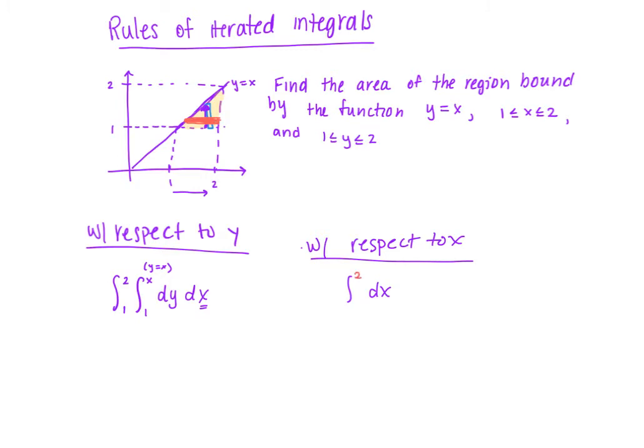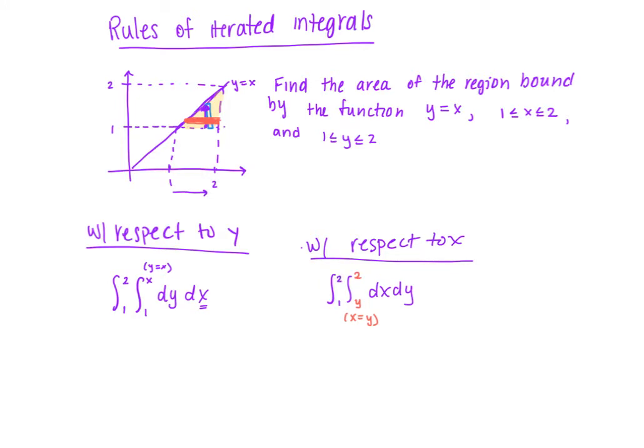But now this is with respect to x, so I've got to solve my function for x equals. So this would be y. Think x equals y. And then my outside function is dy, and my y is bounded from 1 to 2.